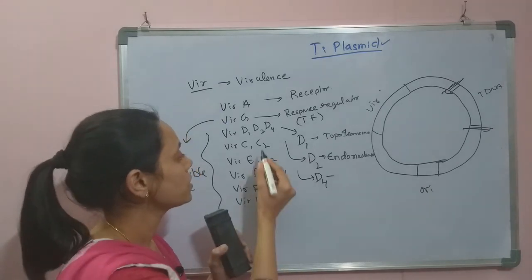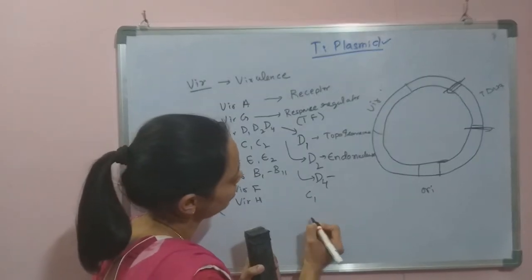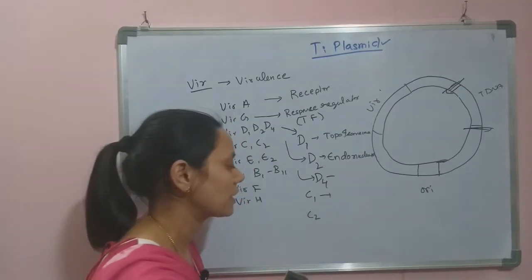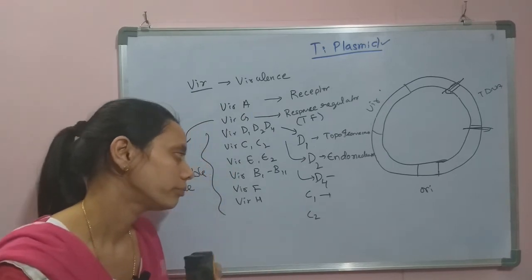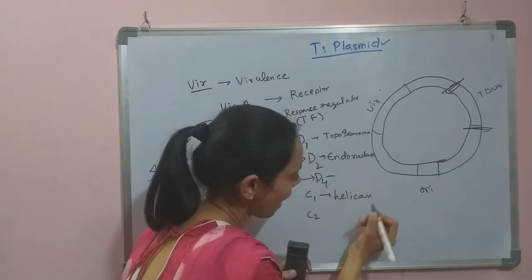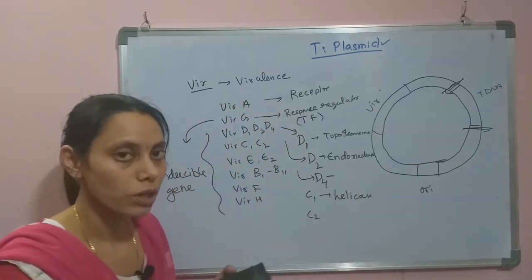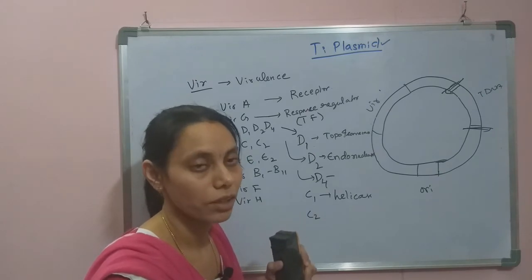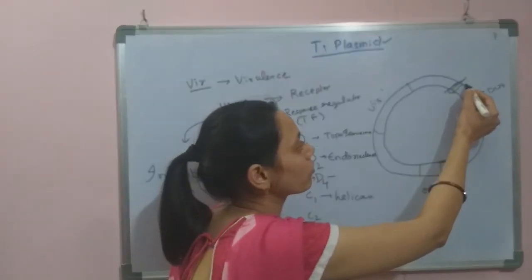So coming to Vir C1 and C2, this C1 is basically a helicase. The activity of C1 is to separate the single-stranded DNA from this portion.